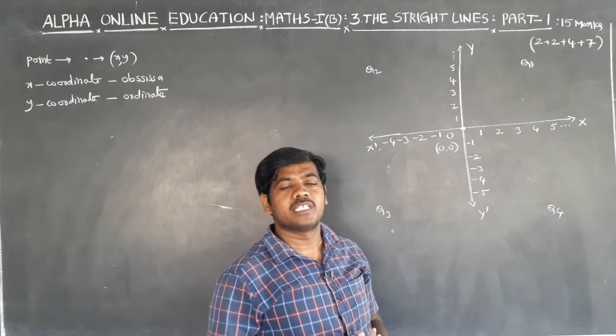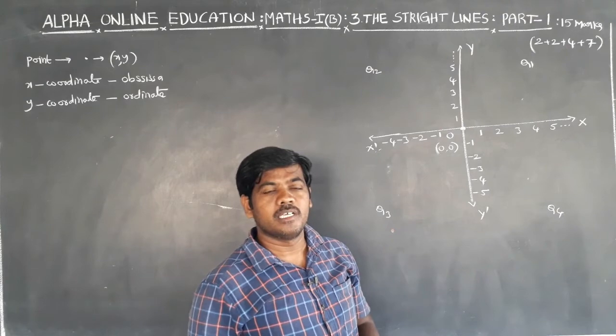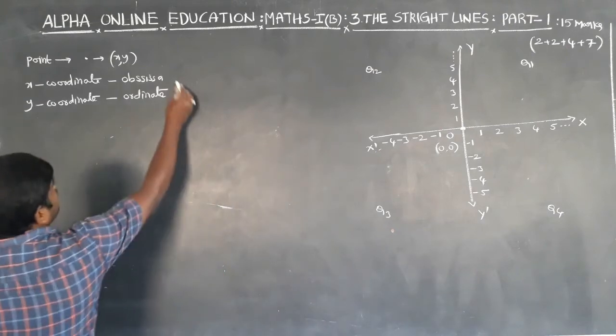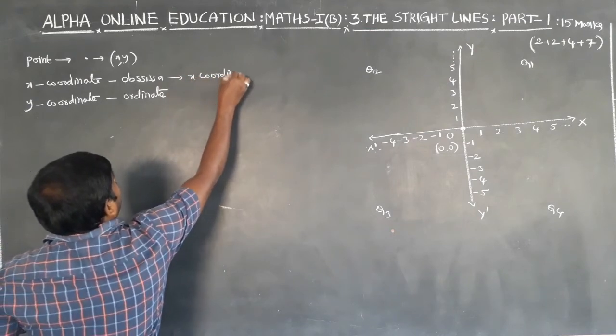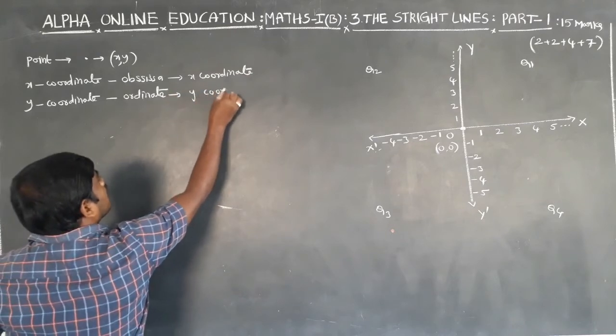The first element is the x coordinate or abscissa. The second element is the y coordinate or ordinate. This is the x coordinate, and this is the y coordinate.